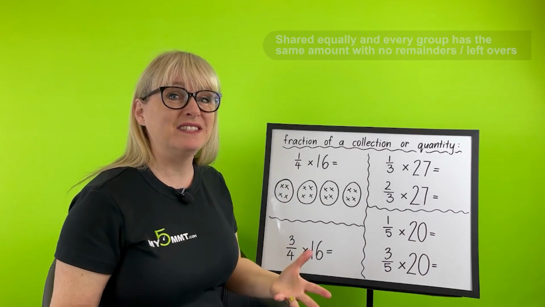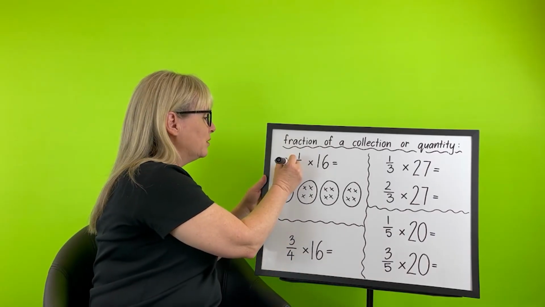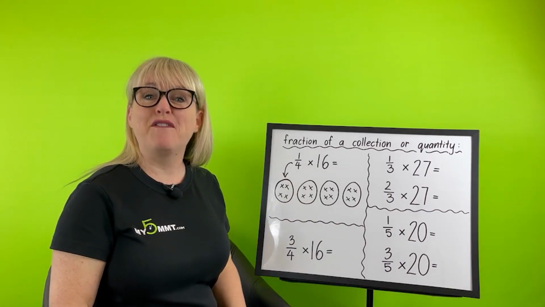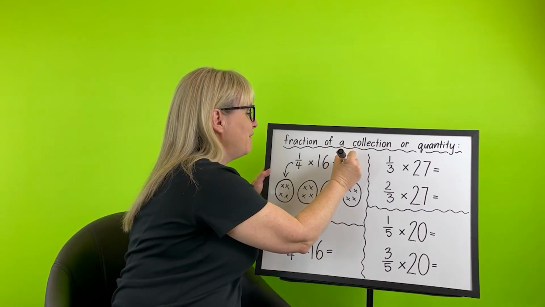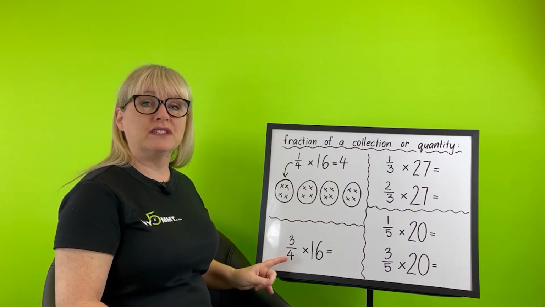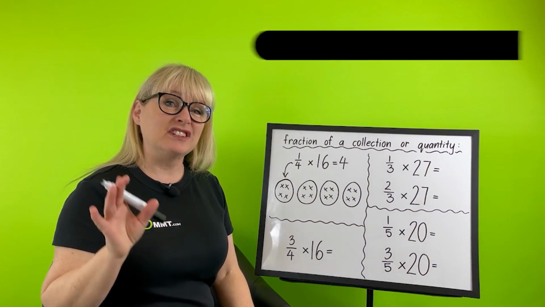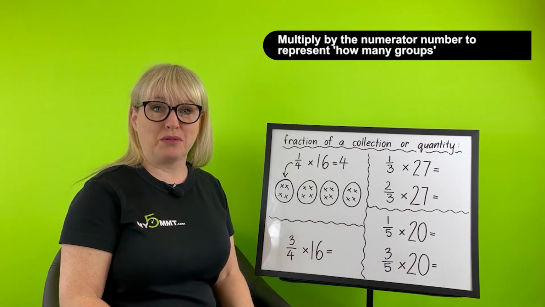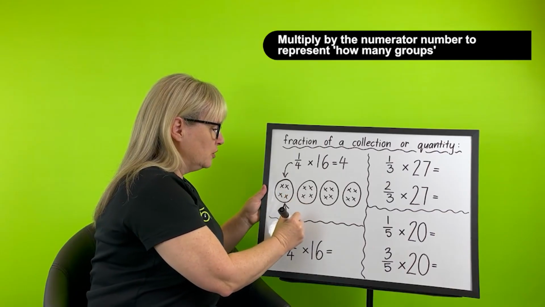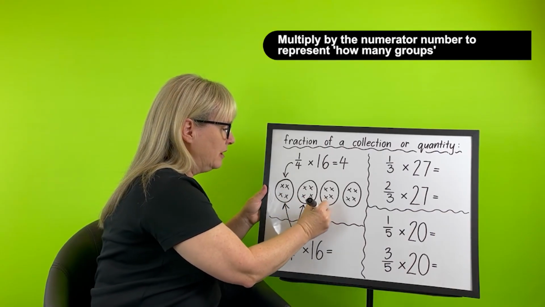1 out of 4 is 1/4. So that would be looking at just one group. How many's in that group? 4. It happens to be 4 in that group. But if I wanted 3/4 of my 16, I actually want 3 out of the 4 groups. That means I want 1 group, 2 groups, 3 groups.